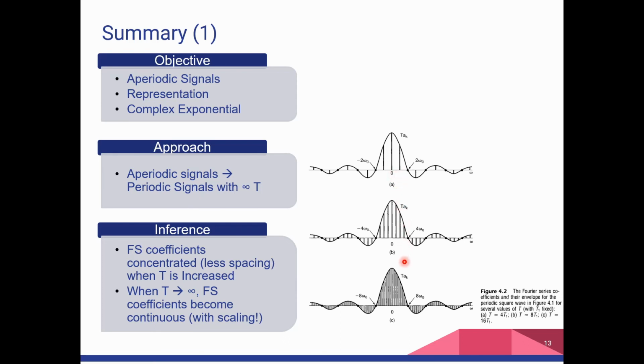But as we increase the time period of that rectangular pulse, the coefficients started concentrating. So what happens when the time period approaches infinity? The Fourier series coefficients become continuous, like this envelope function, however with some scaling. Then we were able to derive the Fourier transform representation for aperiodic signals.